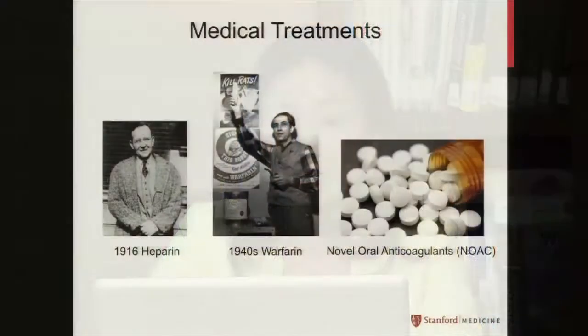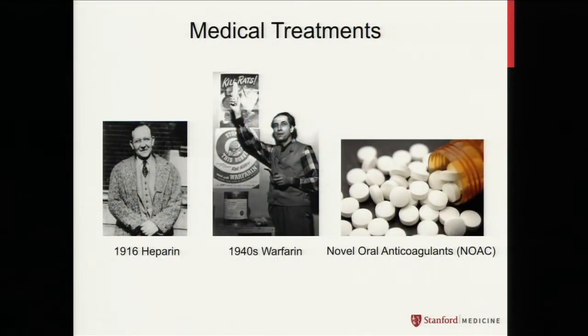Medical treatments really started in the last century. In 1916, which would be exactly 100 years ago, J. McLean, who was a second-year medical student at Johns Hopkins at the time, discovered heparin.